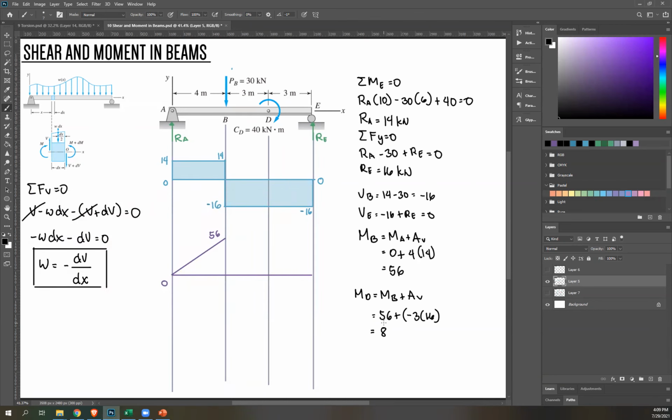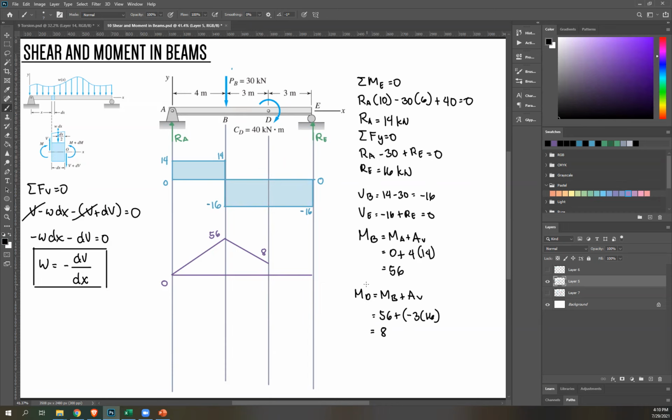Positive 8. So meaning you're gonna go down also, since this is area below your 0 axis, your slope is downward, and then it's gonna end at 8. And then look here, we have an applied couple. Clockwise, you're just gonna add.